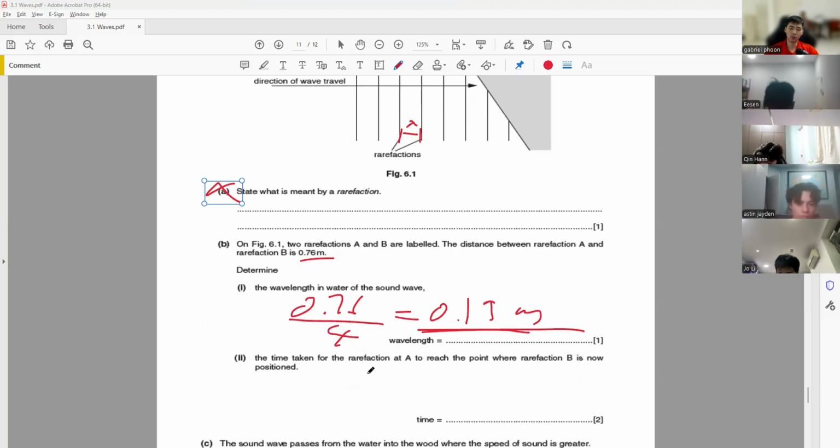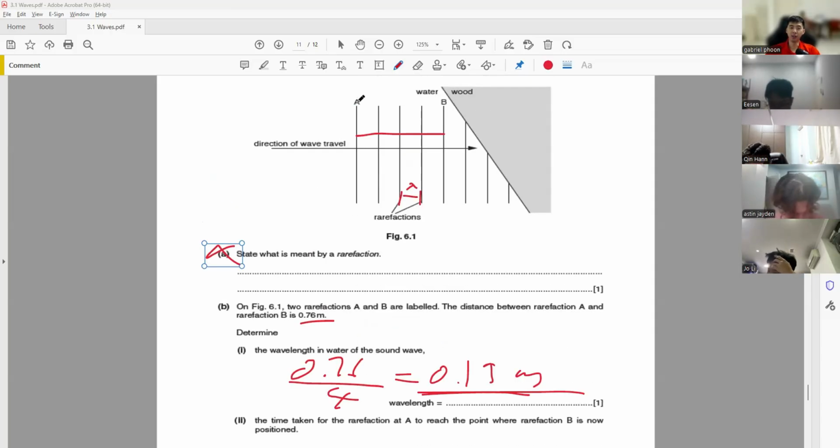Then once again, the time taken. Aston, what's your time taken here? Time taken is, wait, for A to reach B, so this is the distance it traveled. Similar question to the one on top just now. How do I do it?